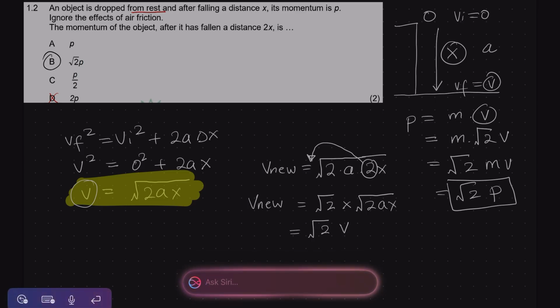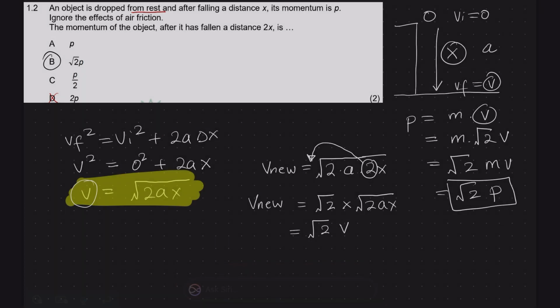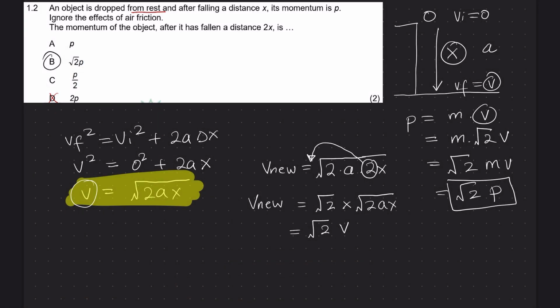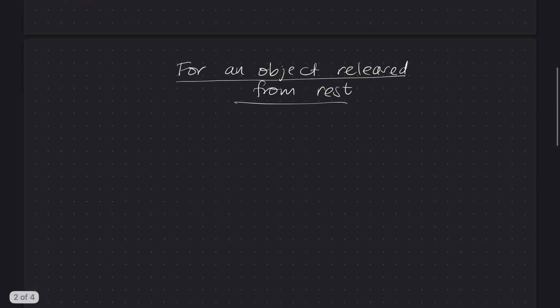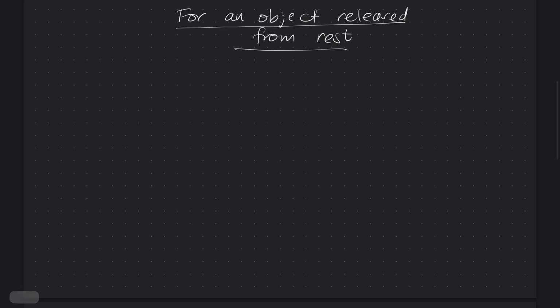Now what I want to show you is another way that we can do this, and a way that we can generalize this. For an object that is released from rest, we just said that the velocity is equal to the square root of 2ax, the velocity at which the object hits the ground.